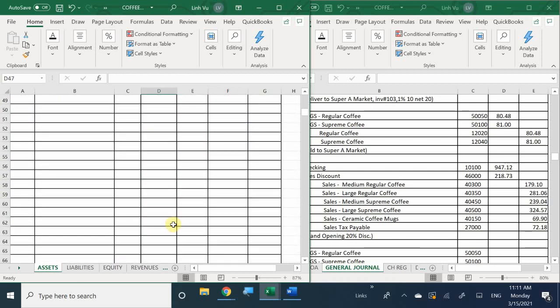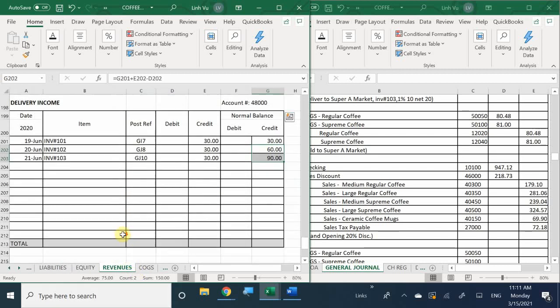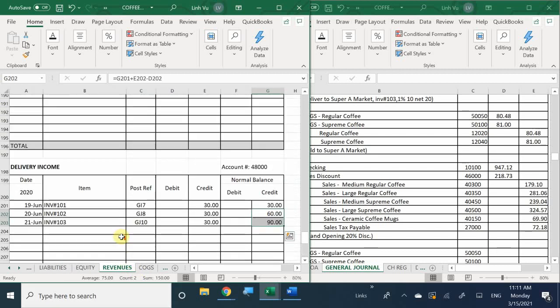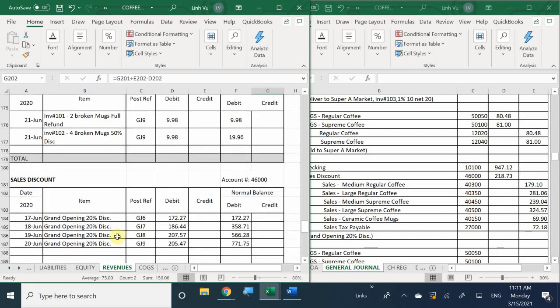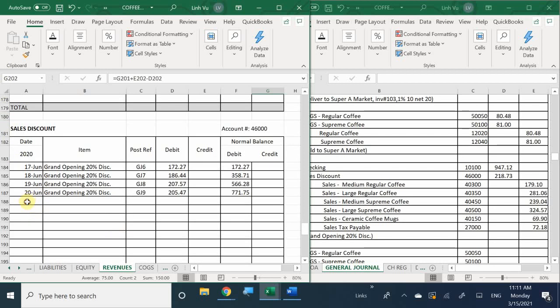Alright. Now I have to do my sales discount. Alright, so here I am, sales discount. 621. Once again, same information, right? Grand opening 20% discount.